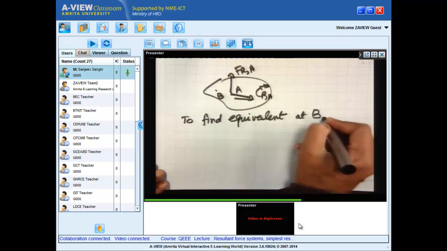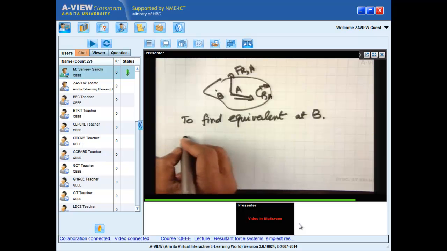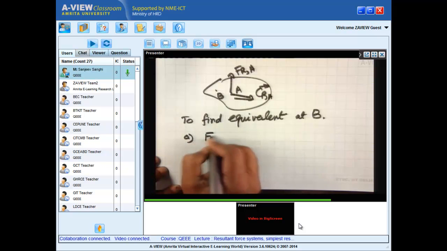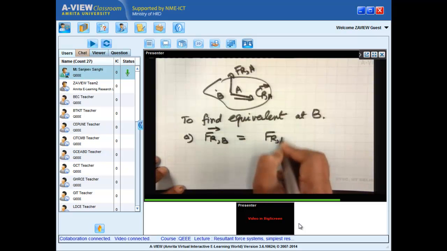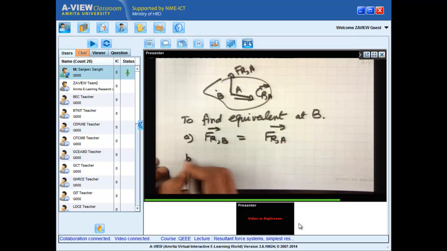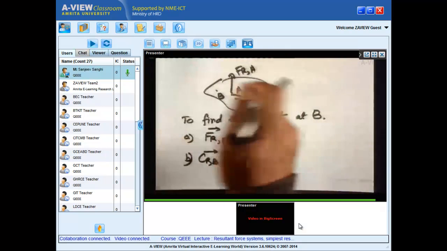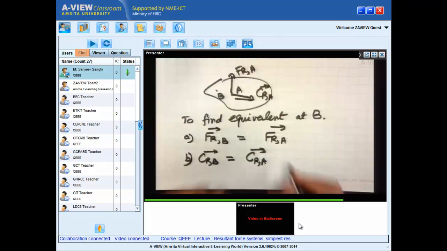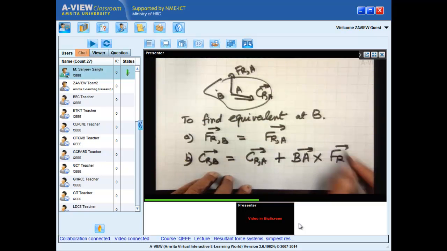If I have already found the equivalent at point A, the equivalent of the force system at point B will be a resultant force Fr, which will be just the same resultant as at point A, and a couple, which I'll say Cr at B, which is equal to whatever the couple resultant at A is, the same value, shifted to point B, plus BA cross Fr at A.